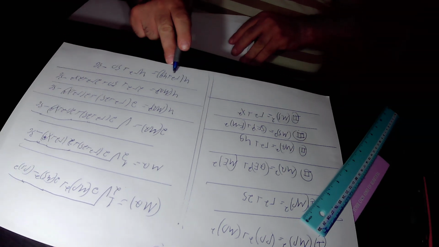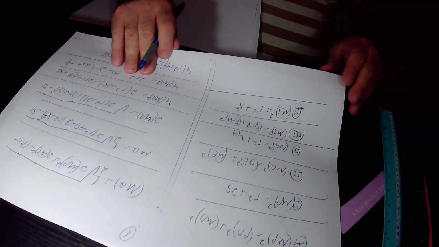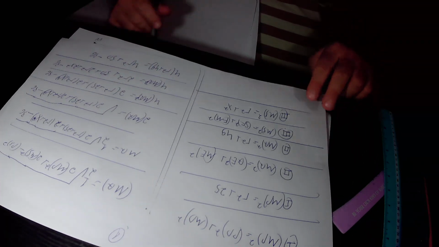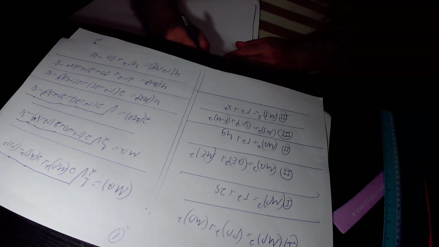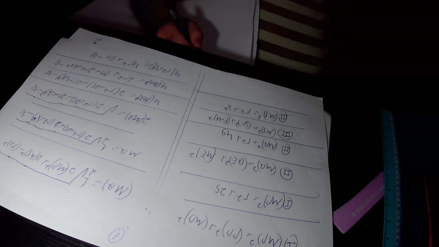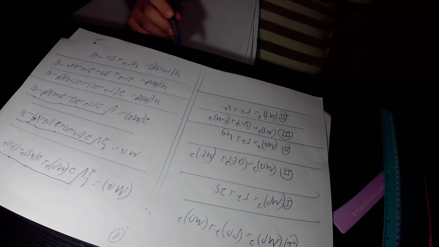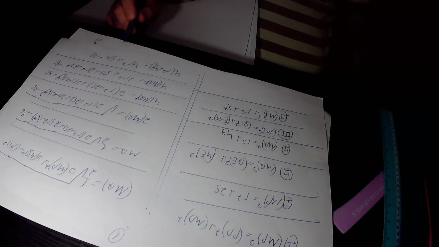Here we open the brackets and we get that 4r squared plus 4 times 49 is 196, and it is equal to 4r squared, and 50 minus 36 is 14.